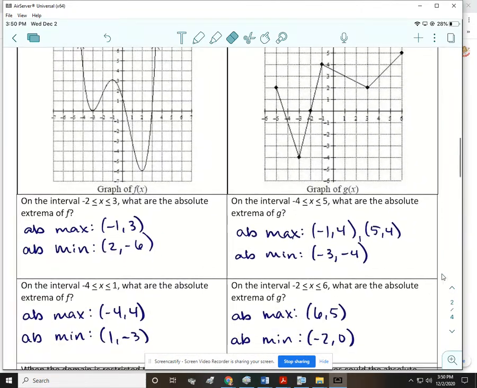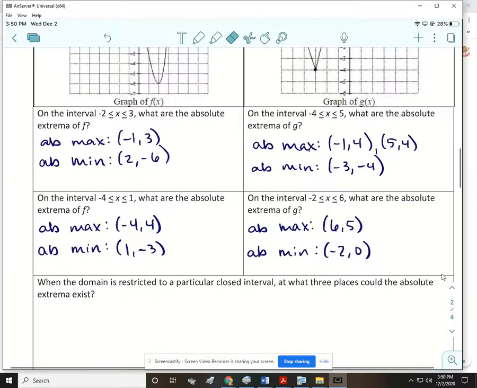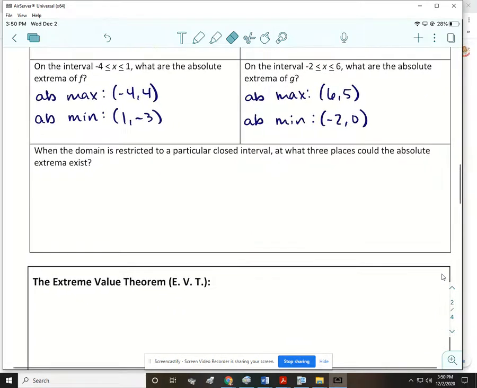All right, and then for this table, for the different boxes, you had different restricted domains, and you just found the absolute maximum within that domain. And so hopefully you found what I wanted you to, which is we want to know when the domain is restricted to a particular closed interval, what three places did the absolute extrema occur?